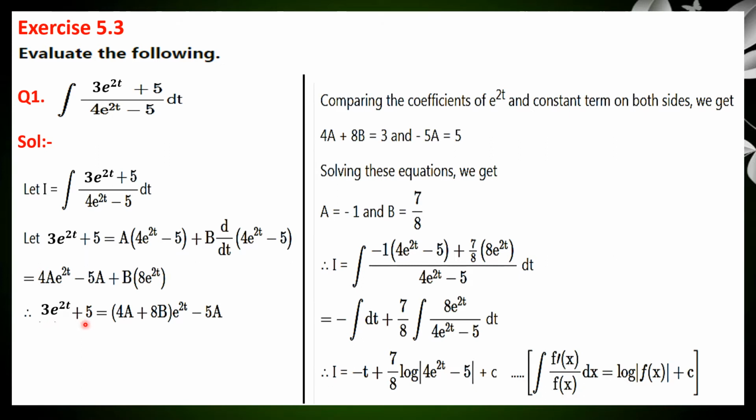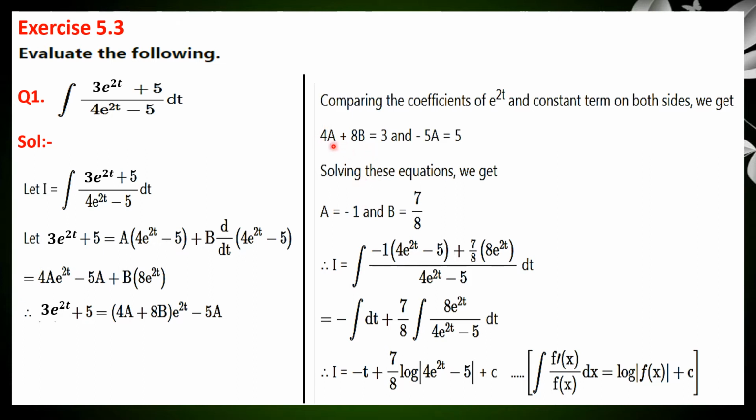The numerator becomes (4A + 8B) e^(2t) - 5A, because 4A and 8B are the coefficients of e^(2t) taken together. Now we can compare the coefficients of e^(2t) on both sides and the constant term, then we can solve for A and B.